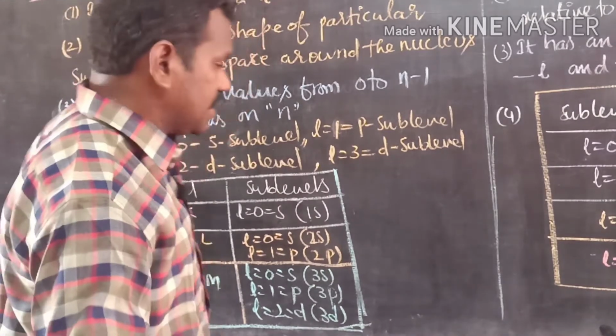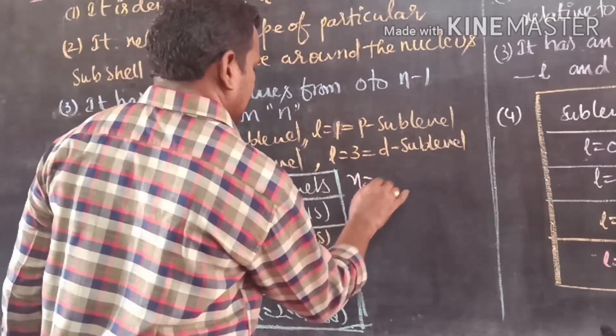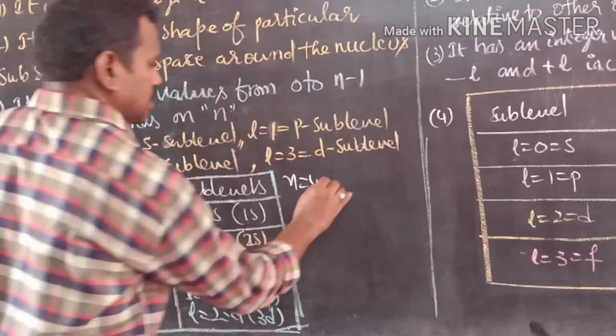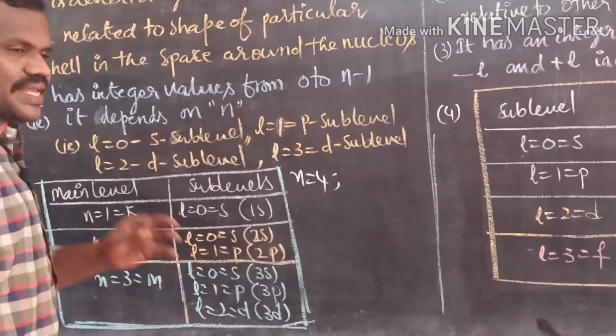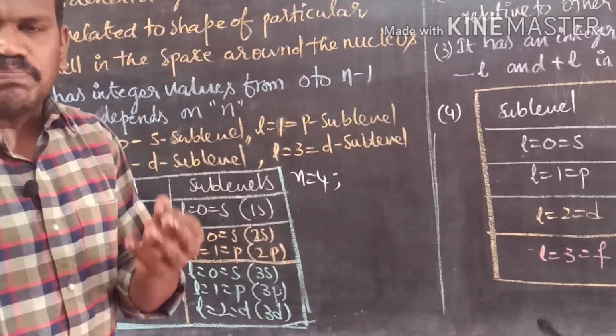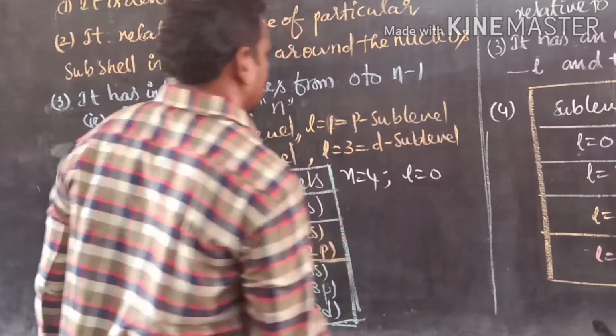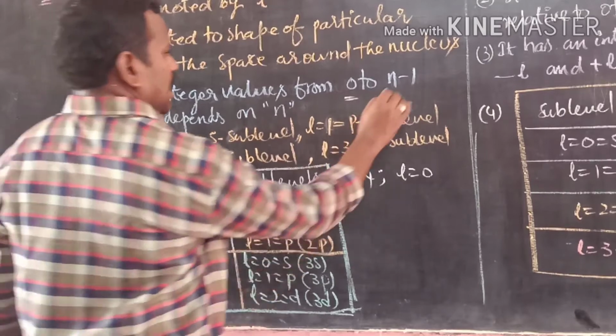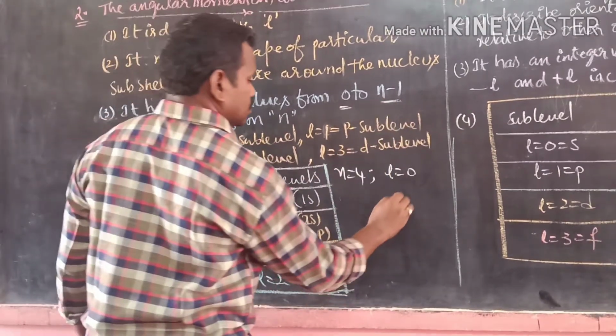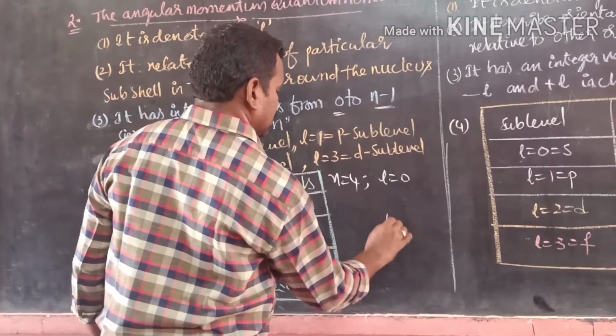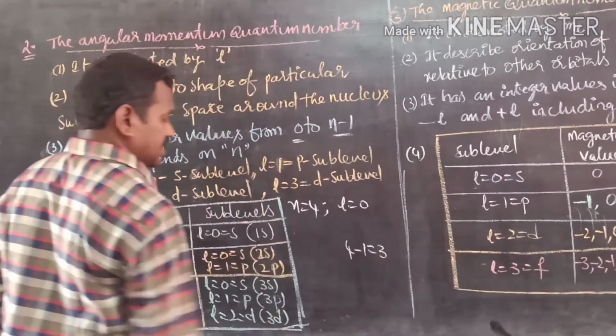Let us see one more example. Say n is equal to 4. What are the minimum and maximum possible l values? The minimum l value is 0 as per this rule, and it ends at n minus 1, that is 4 minus 1, which becomes 3.